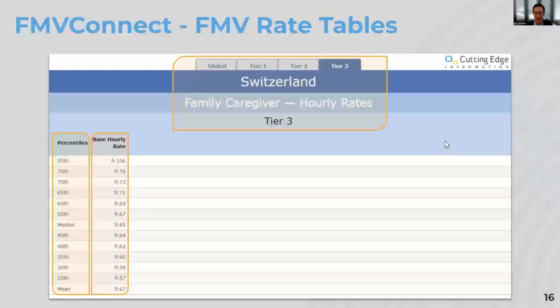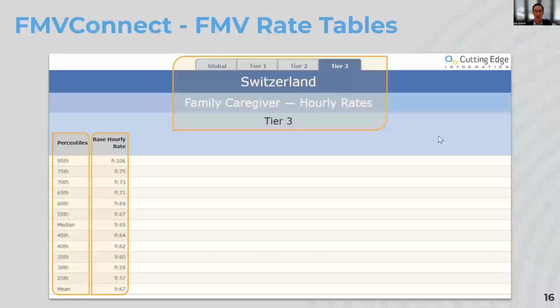That's the second column here. The base hourly rate is the core hourly payment for, in this case, a Swiss caregiver. So at the median, what do we have? It's 65 Swiss francs per hour. And this base hourly rate, at whatever percentile you may want to pinpoint, is very important in the setting of fair market value rates.